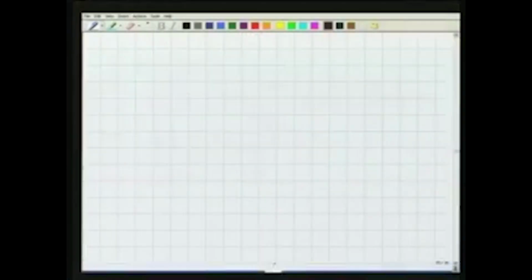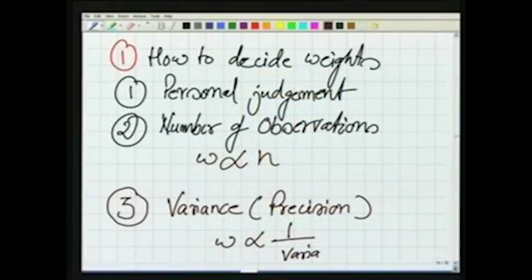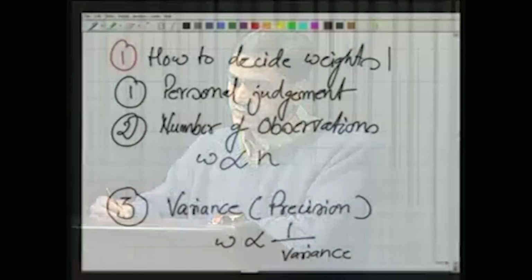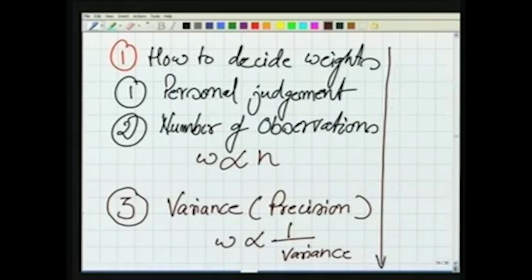So the weight is inversely proportional to the variance. Less is the variance, less is the spread, more is the weight, obviously. So these are the methods by which we can give weights to our observations.